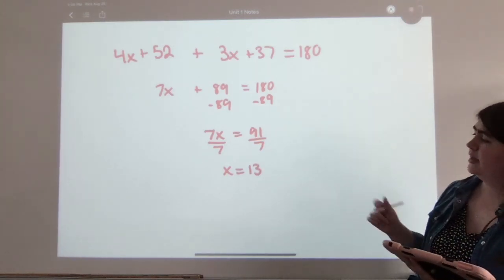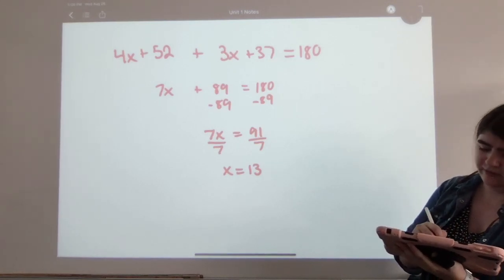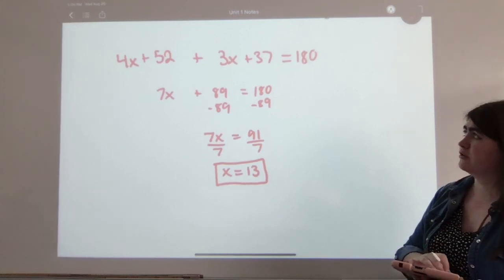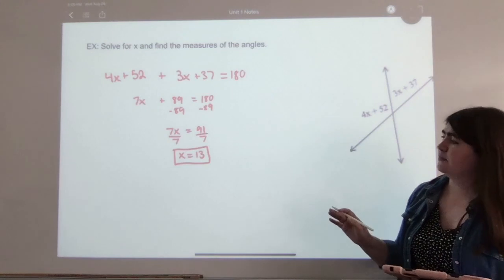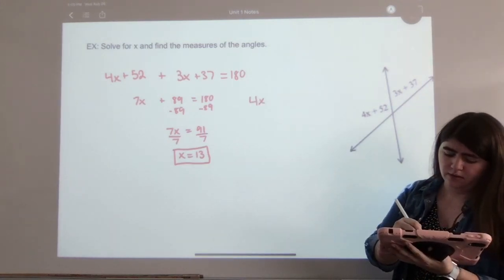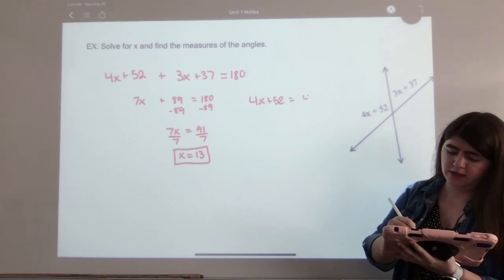First I'm going to box that because that is one of my answers. My job was to solve for x, and now I also want to find the measures of both angles. So I'm going to plug 13 in for both angles. I have 4x plus 52 is equal to 4 times 13 plus 52.